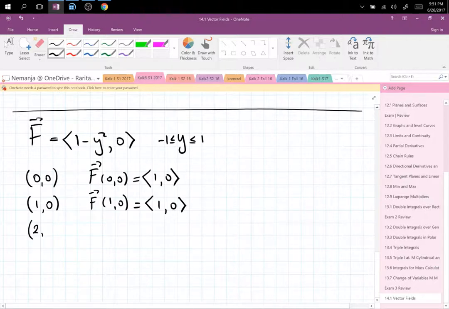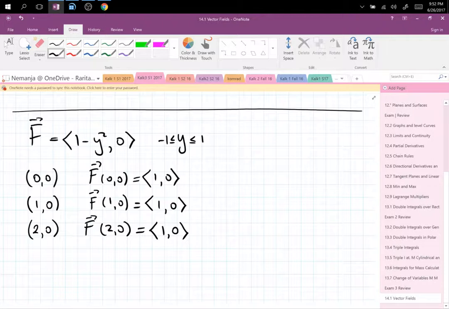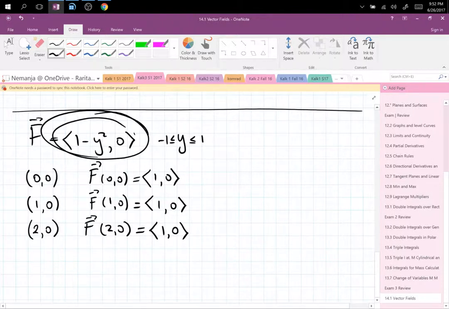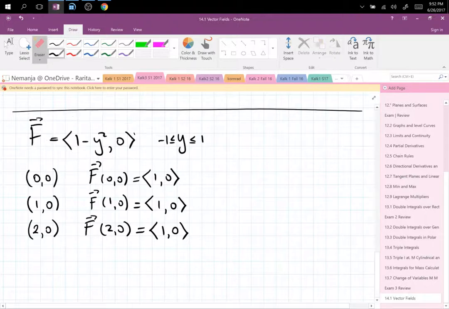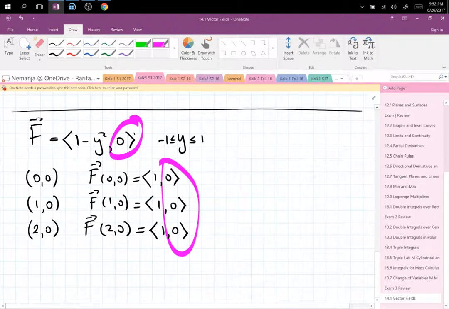If I plug in 2, 0, I still get 1, 0. So we learned that the x component doesn't matter, and that should be clear because there's no x mentioned in your vector field at all. Observe that the last component was always 0. That should be also common sense.